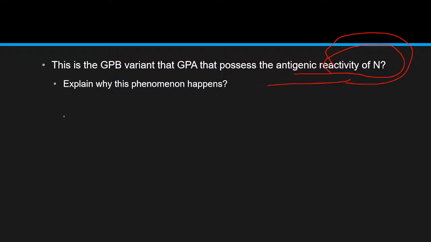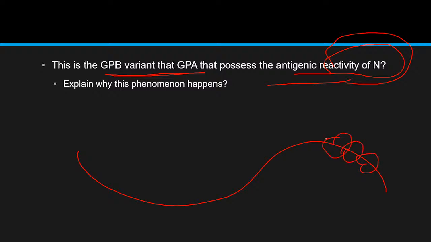This phenomenon occurs because there's a sort of mutation, a change that occurs in the patient. When this occurs, it has a similar activity, but the antigenic structure is not the same. It's still glycophorin B.